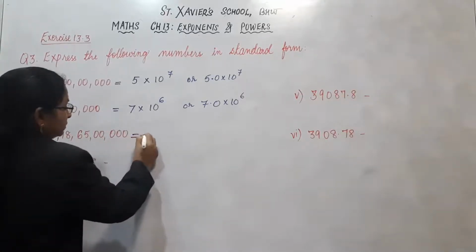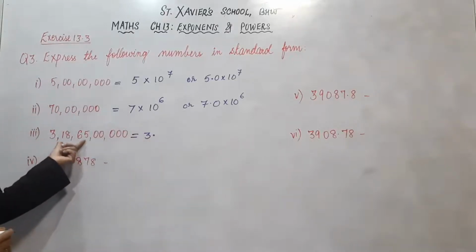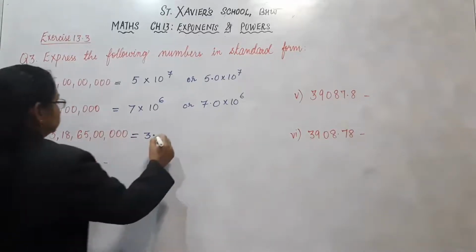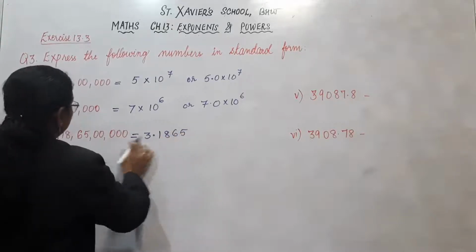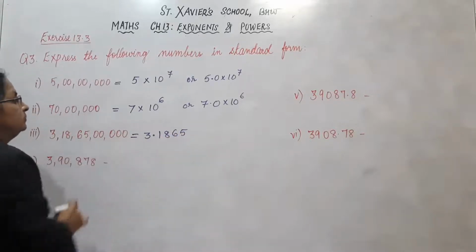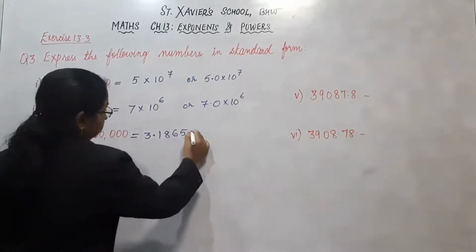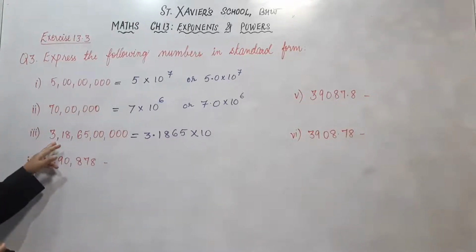Soon after the first digit, we are going to put the decimal, and if there are natural numbers, we have to write all that except 0. 1, 8, 6, 5. The rest are zeros. But then when we write the power of 10, we must count all the digits after 3. Do you follow?